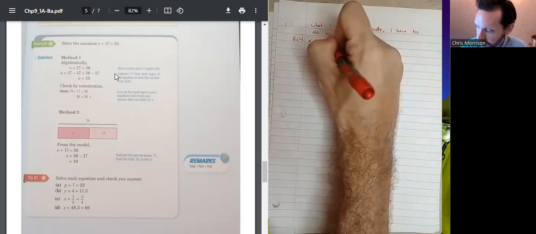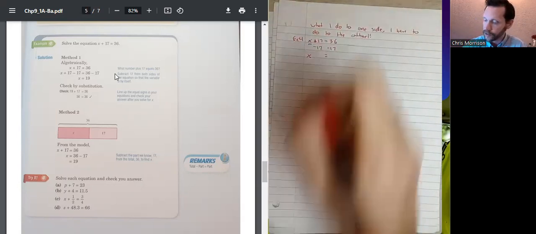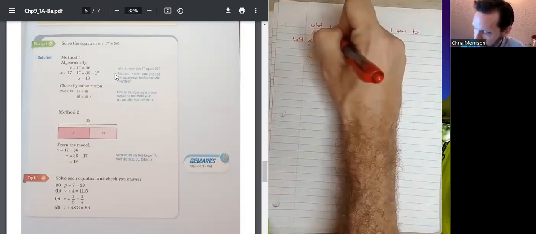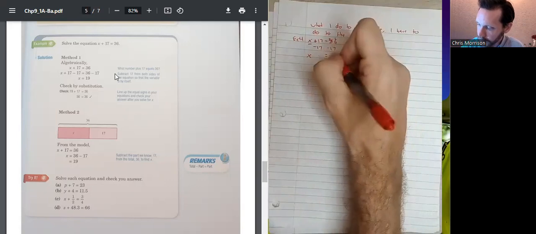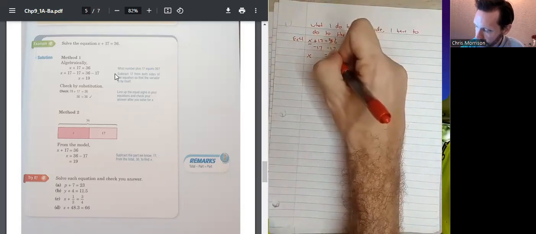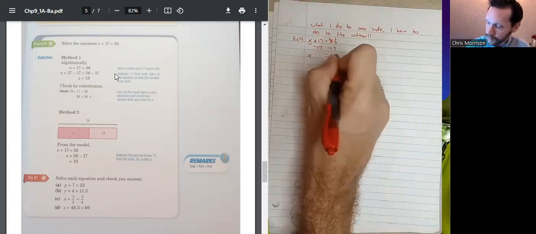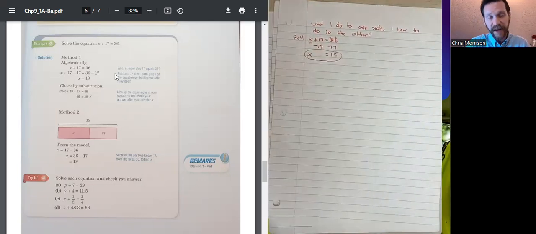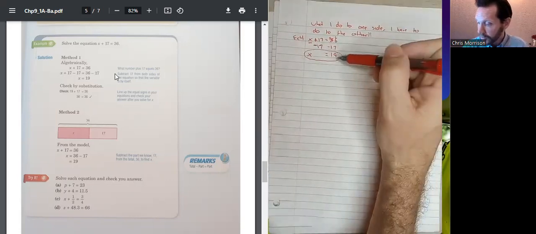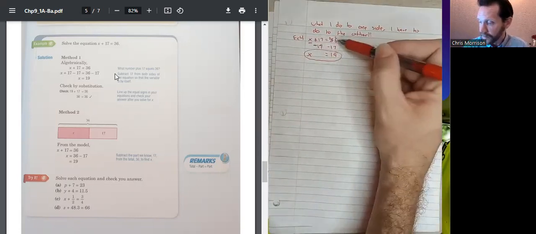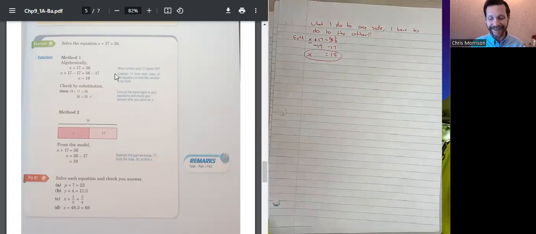So let's just subtract. 16 minus 7 is going to be 9. 2 minus 1 is 2. So the answer is x equals 19. And now you can check. Is it true that 19 plus 17 is 36? And yes, that is a solution.